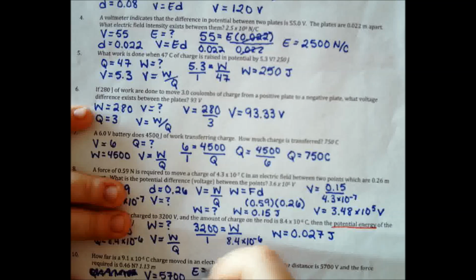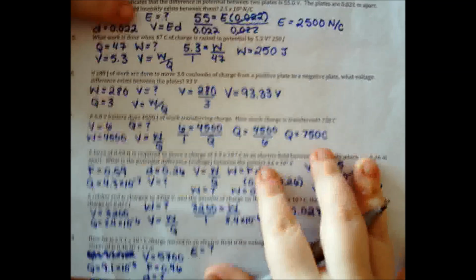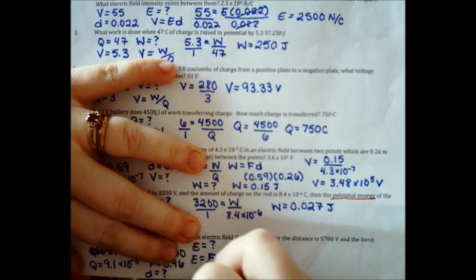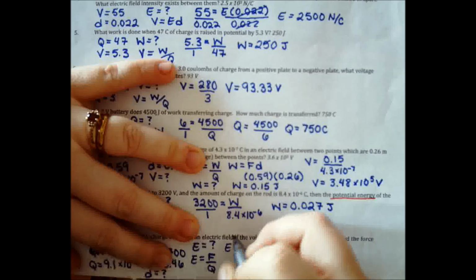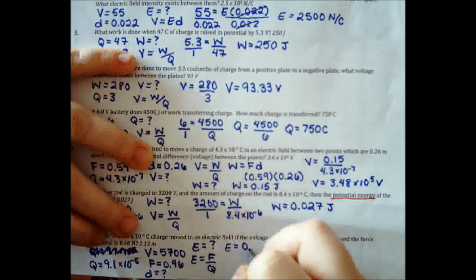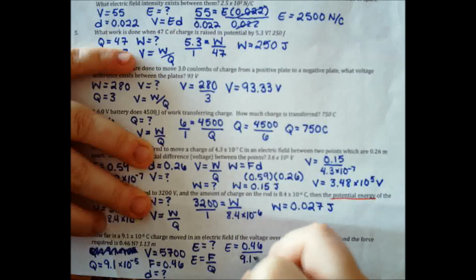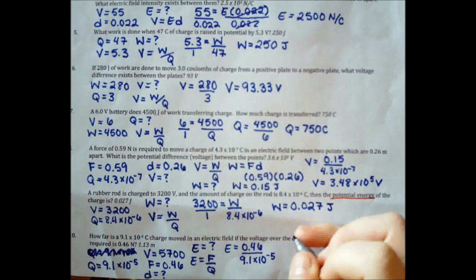So, electric field intensity is equal to force divided by charge. So for us, that is 0.46 divided by 9.1 times 10 to the negative fifth. 0.46 divided by 9.1 times 10 to the negative fifth.